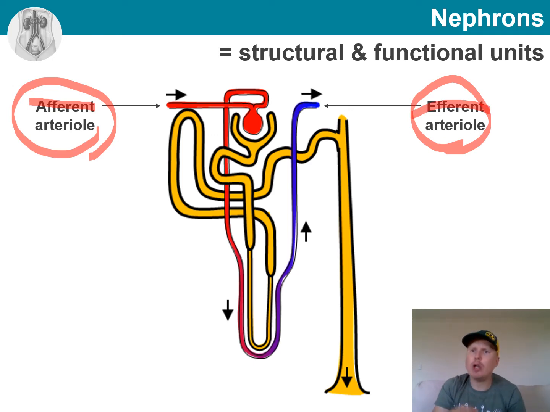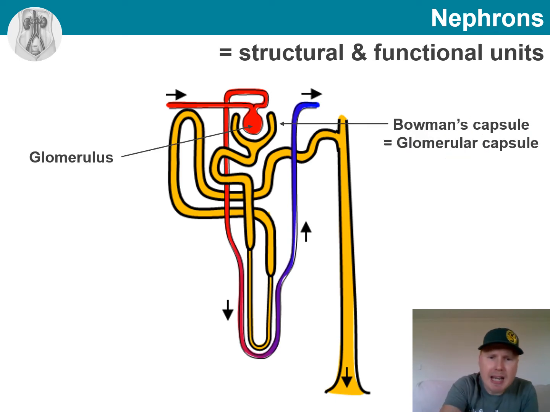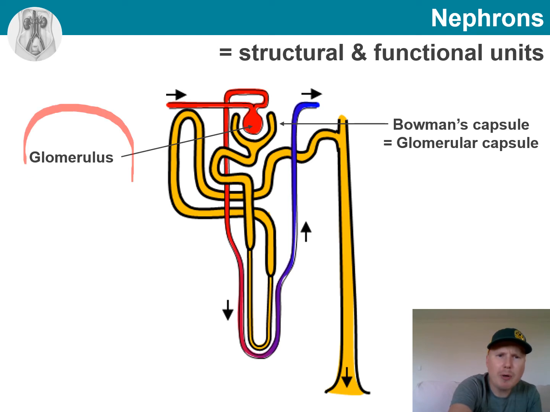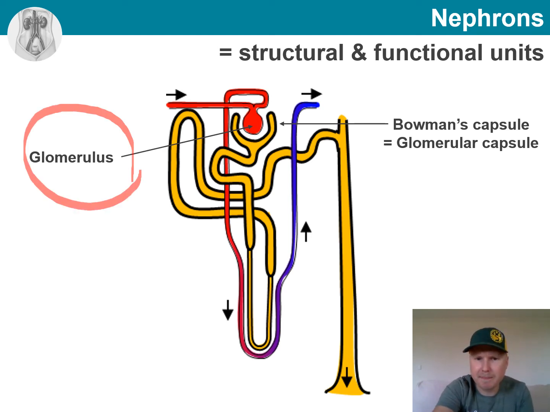Please note that there is no real loss or gain of oxygen here. I just included the color to highlight the difference between these two. And within the nephron, this blood vessel makes a capillary bed known as the glomerulus.